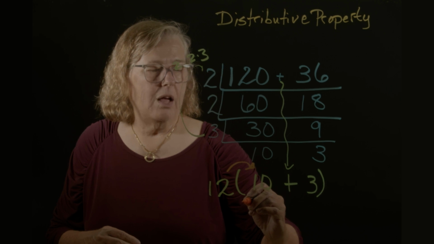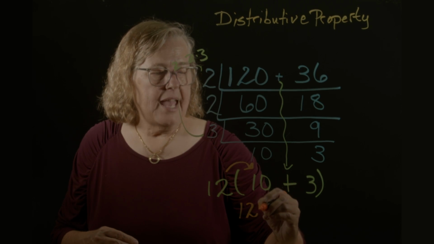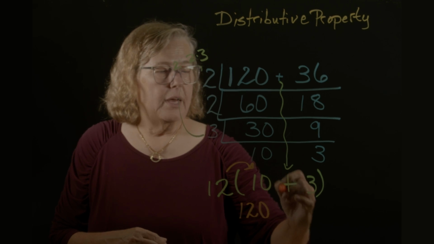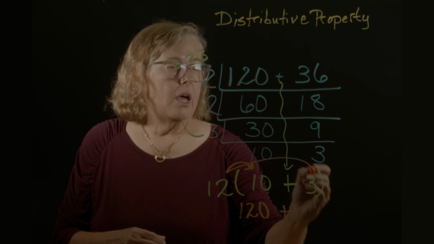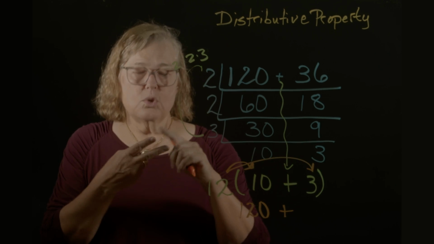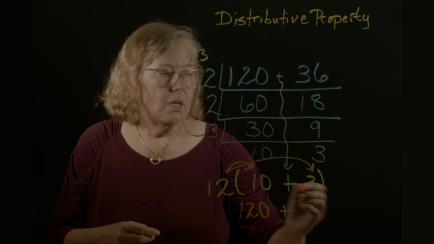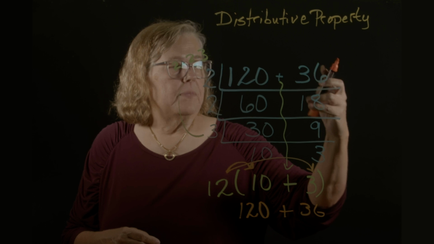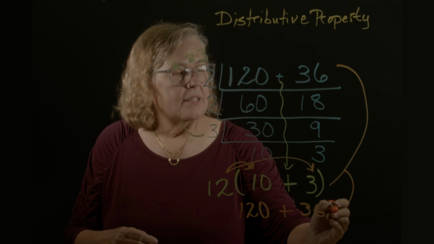Here's the 12, and then times 10, we're just adding a 0. That's multiplying by 10, so that's 120. Bring down my plus sign. What is 12 times 3? 12, 24, 36. I skip count for my 12s. Yep, it is 36. And look at that. All of these are exactly the same.